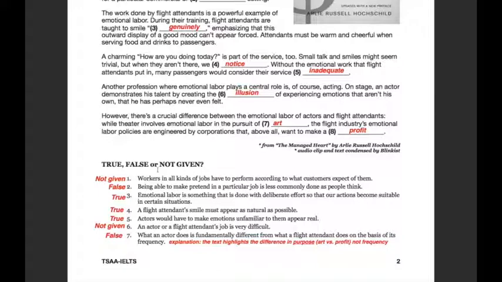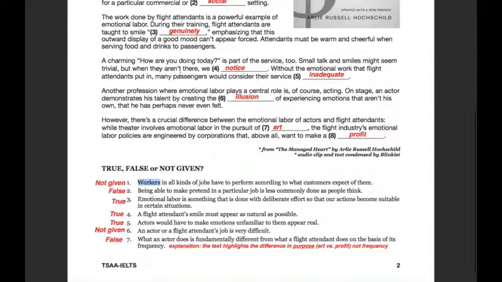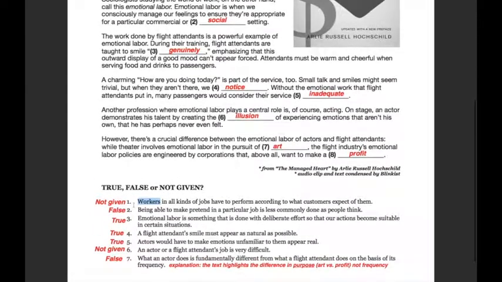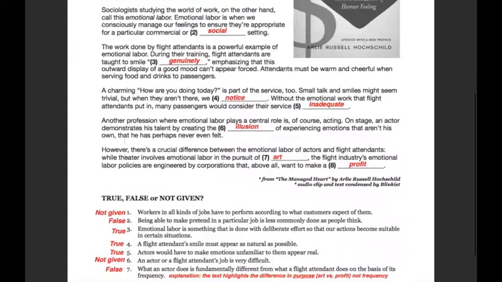Now, again, you let them know the rules that they have to follow as regards true, false, not given. As regards the manner of reading, they have to skim, which means they have to use some keywords over here and look for them in the text at the top, and then they expect that the answers to these 7 items, just like in a regular reading test, will always be sequential from top to bottom.